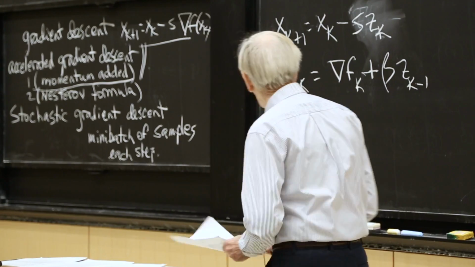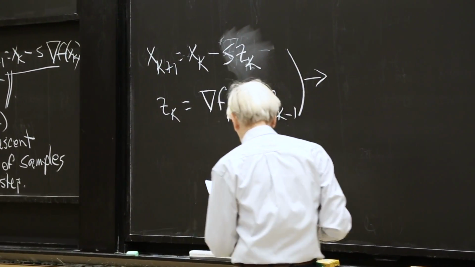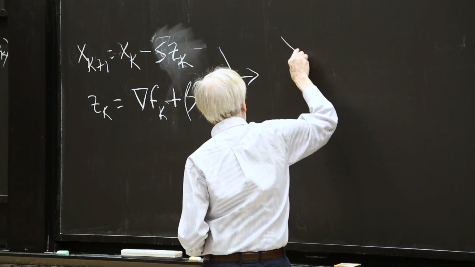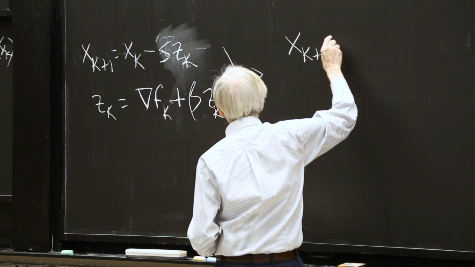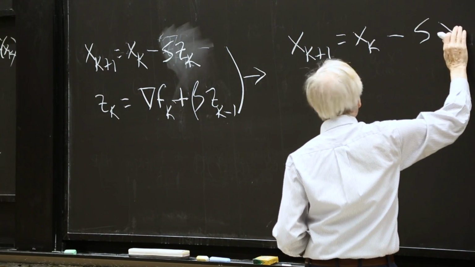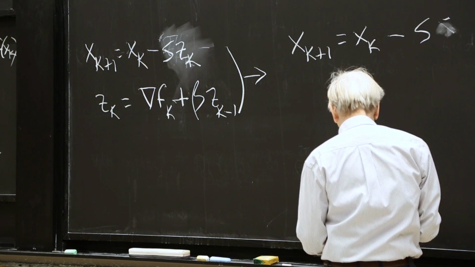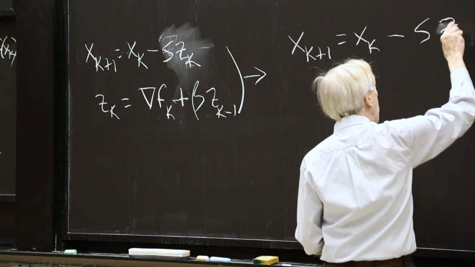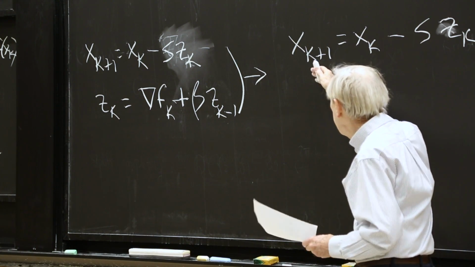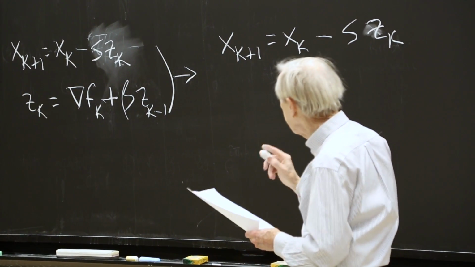So this will go to two first order equations in which the first one I'm just going to copy: xk plus 1 is xk minus that step size times zk. The previous time step here, the next time step on the left. So I just copied that.